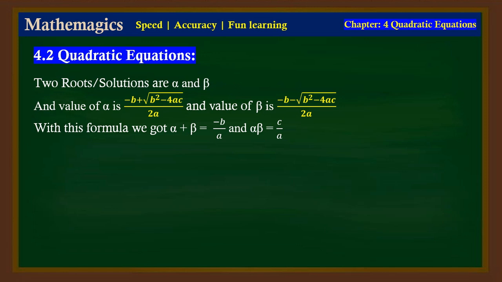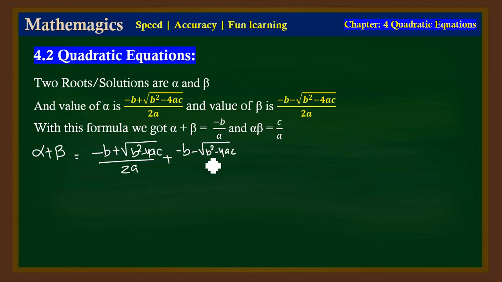So now dear friends, let us take the LHS, that is alpha plus beta. Let us put the values: minus b plus under root of b square minus 4ac divided by 2a, plus minus b minus under root of b square minus 4ac divided by 2a. We take the LCM, and obviously the LCM is the same, that is 2a.